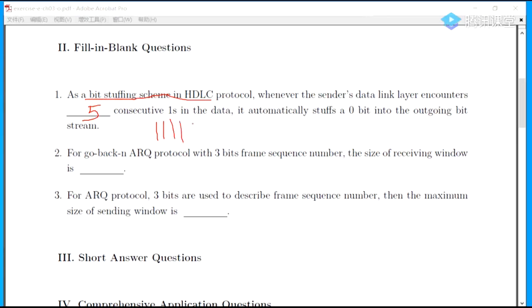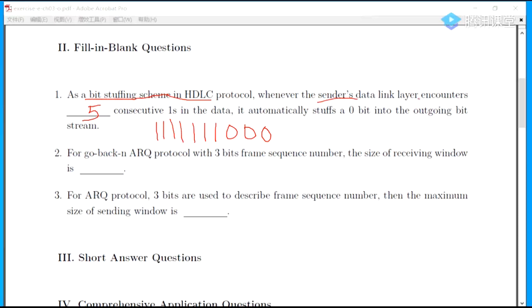For example, if this bit stream is to be transmitted, then at the sender end, it scans the bit stream.